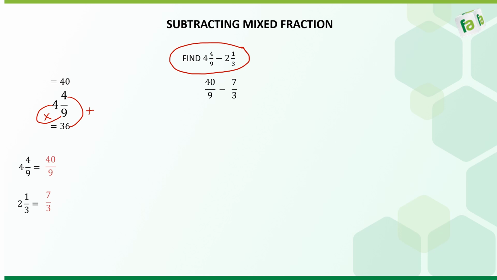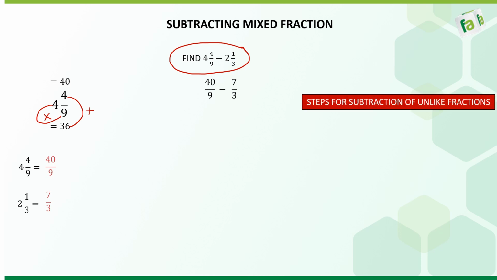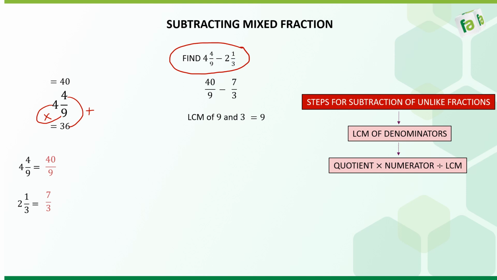To solve this equation, our first step is to find the LCM of denominators. So, what will be the LCM of 9 and 3? Correct. The LCM of 9 and 3 is 9. Now, our next step is to multiply quotient and numerator and divide them by LCM.